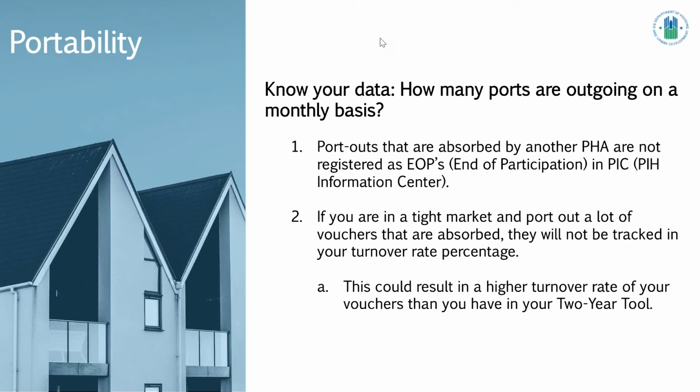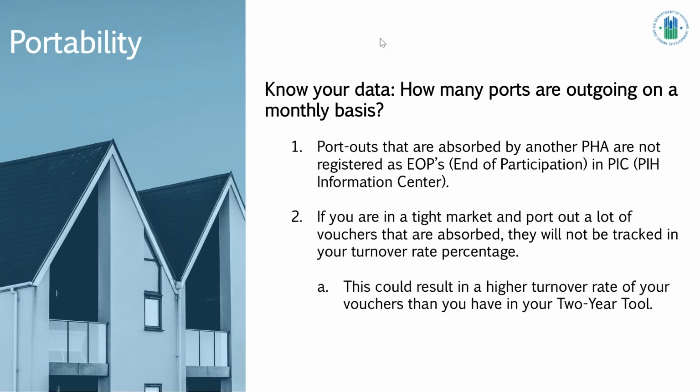Additionally, when it comes to port outs, one thing I hear a lot of PHAs talk about is they have very tight markets, right? PHAs are issuing 100 vouchers a month and they have a success rate of 38%. So 38 out of 100 families are actually leasing up.